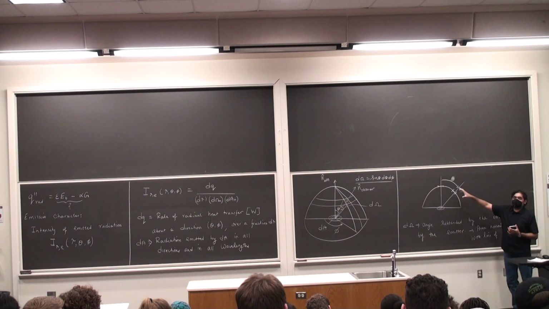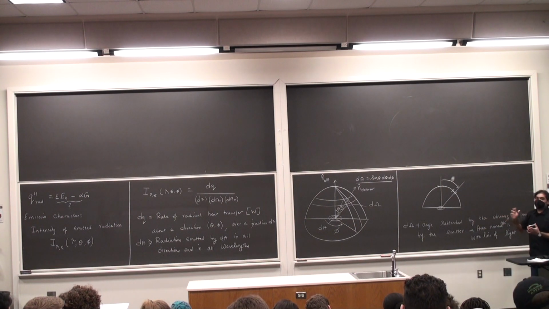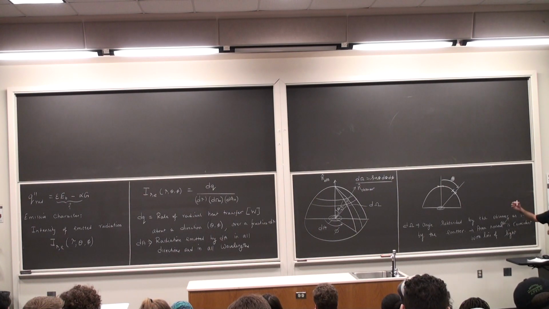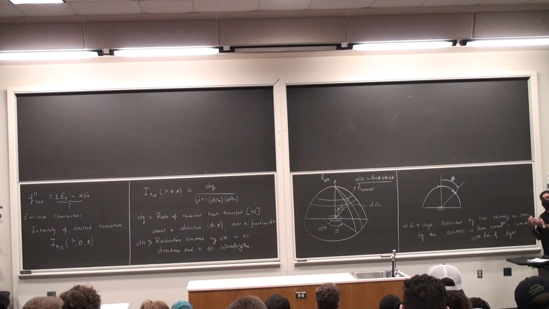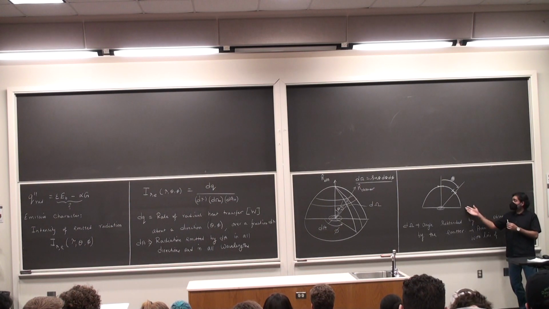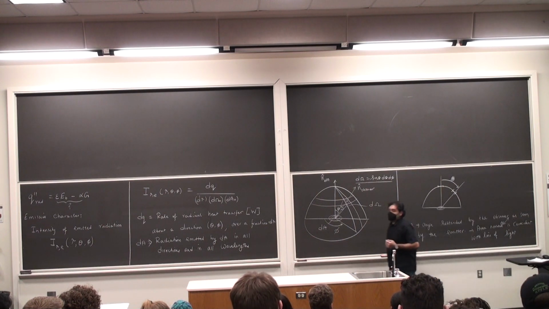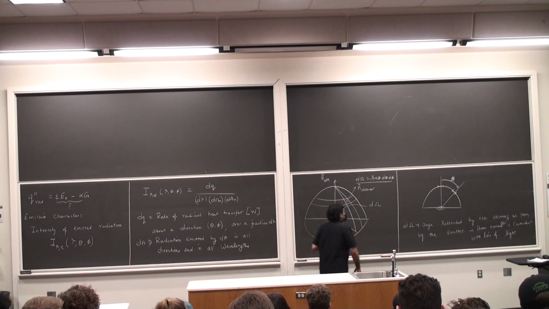So my intensity is now a function of the angle, and the functionality is cosine theta. Okay? It's maximum when I'm sitting and looking down on the emitting body, and it is a minimum when I'm sitting at an angle of 90 degrees and looking at the emitting body. So we define this dAn, and let me write that out here.